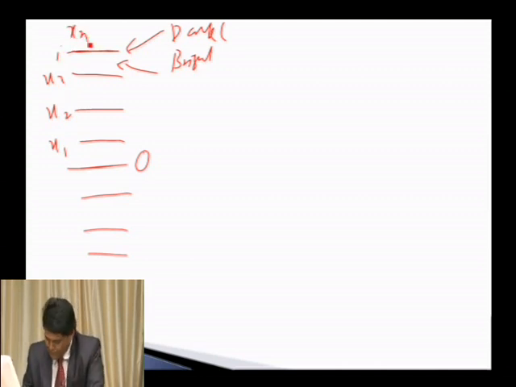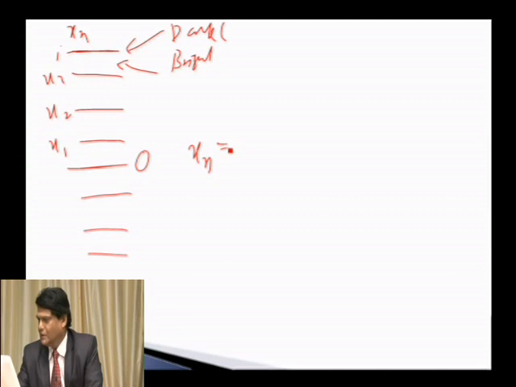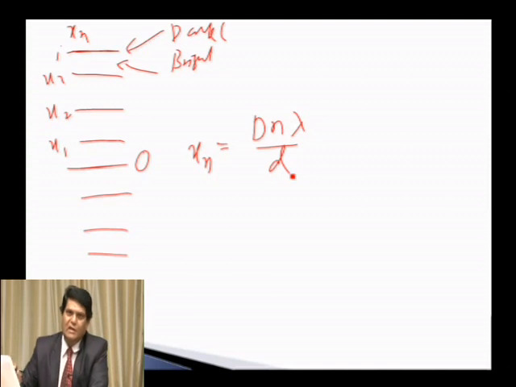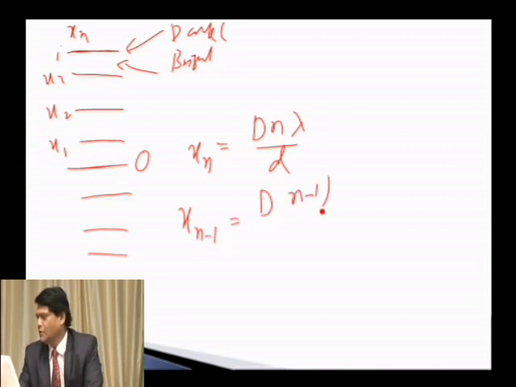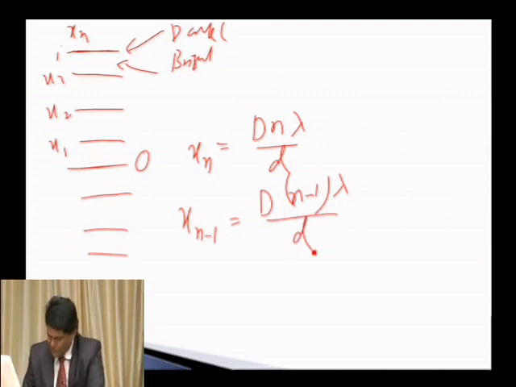Now let us find the x value for the nth fringe. The nth fringe is equal to D into n lambda divided by d. For the subsequent fringe, that is n minus 1, x n minus 1 is equal to D into n minus 1 into lambda divided by d. Now suppose we want to find what is called the fringe width, which is the distance between consecutive fringes.